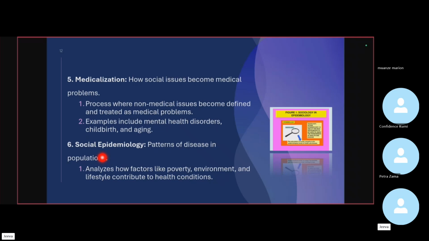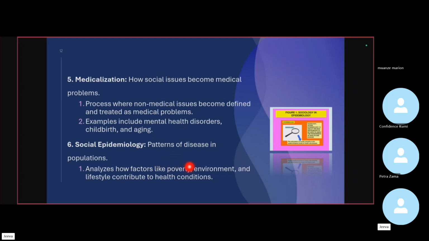Then the sixth main key concept is social epidemiology. Social epidemiology means the various patterns of diseases in a population. If you see, there are various types of diseases spreading in a population. So your medical sociology will analyze what the different factors are. Usually you can see poverty as one of the factors. When a poor person is living, they won't approach medical facilities because of the cost.